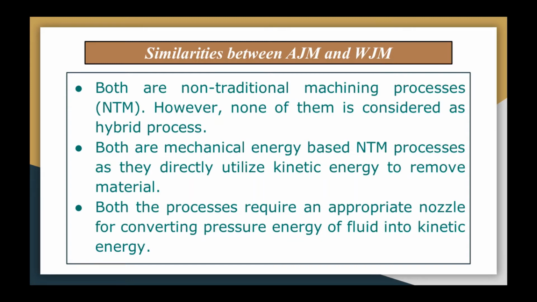First point, AJM and WJM both are non-traditional machining processes under the mechanical energy based processes. However, none of them is considered a hybrid process, and as we know, a hybrid non-traditional machining process is a combination of two processes where workpiece material is removed simultaneously in two distinct ways. So this is the first one.